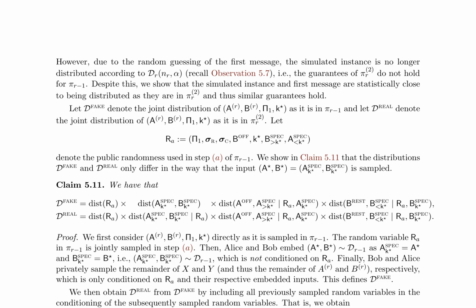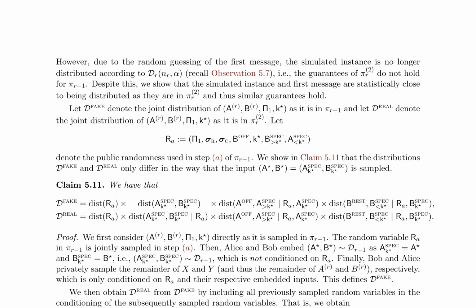The simulated instance in protocol pi R-1 deviates from the distribution D-R, N-R, alpha, due to the random guessing of the first message. However, it is demonstrated that the simulated instance and first message are statistically close to the distributions in pi 2 R, thereby maintaining similar guarantees.